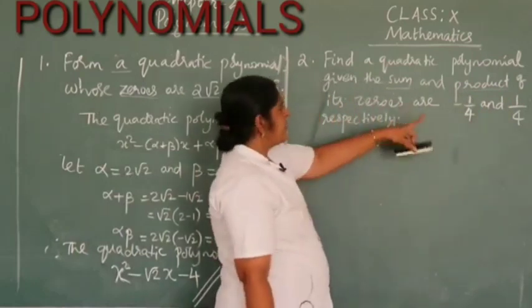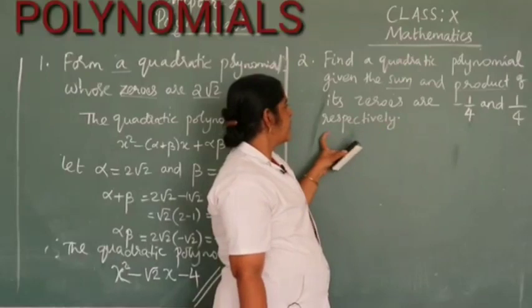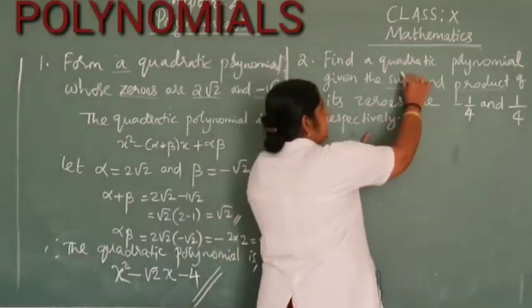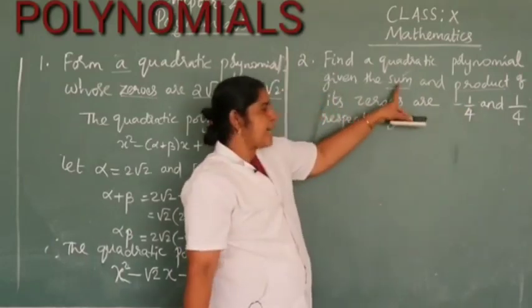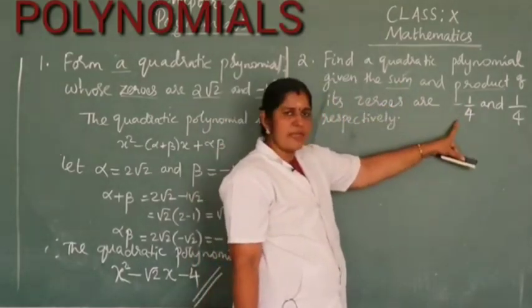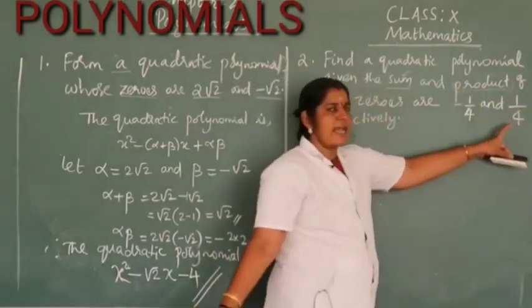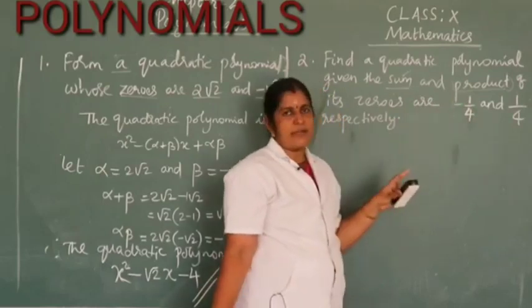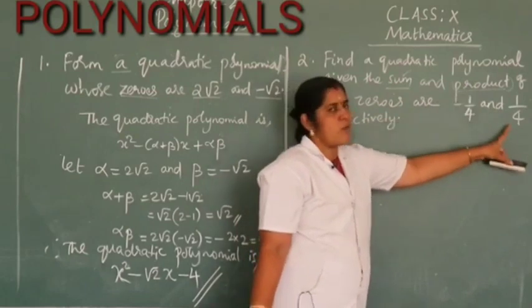Sum and product of zeros are minus 1 by 4 and 1 by 4 respectively. So respectively means the first value is the sum of the zeros, minus 1 by 4, and the product of the zeros is the second value, 1 by 4. In that order only you want to assume the values. Sum is minus 1 by 4, product is 1 by 4.